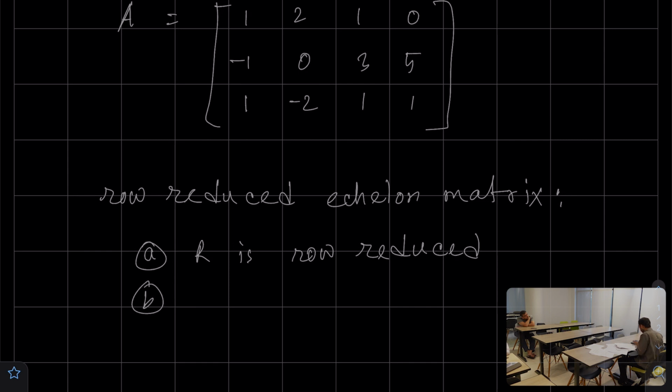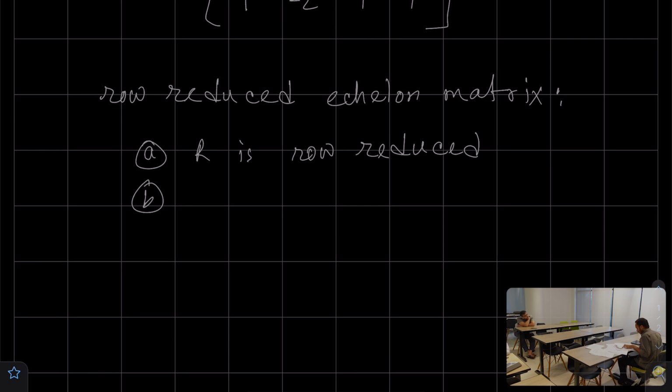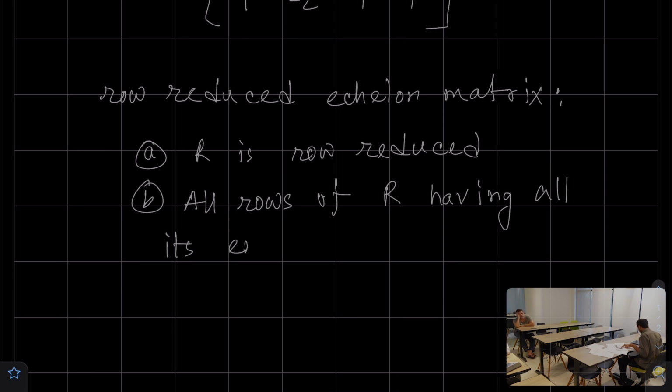Then B: all rows of R having all their entries zero occur at the bottom of the matrix.